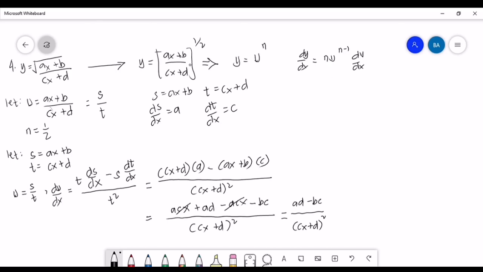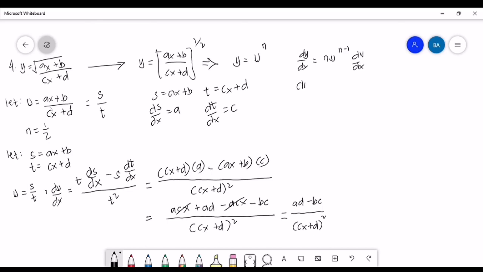Our n is 1/2, our u is ax plus b over cx plus d, and our du dx is ad minus bc divided by the square of cx plus d. So just substitute them in the first step that we did.